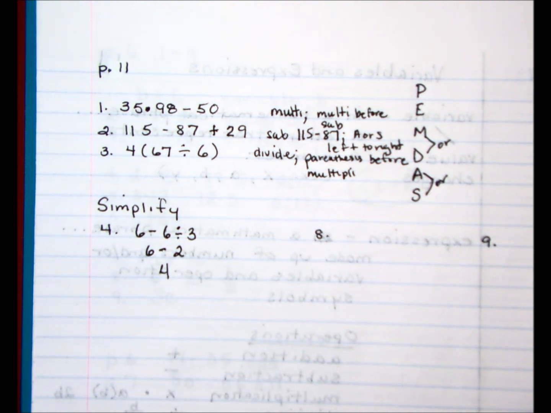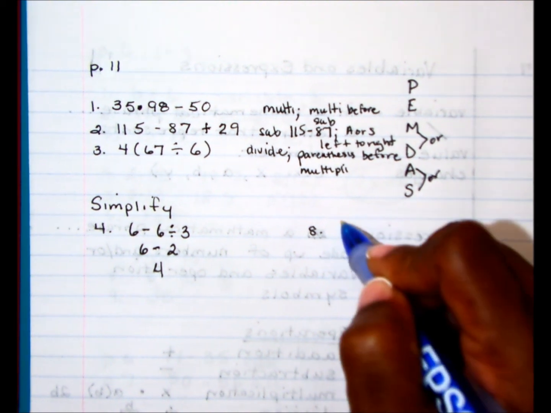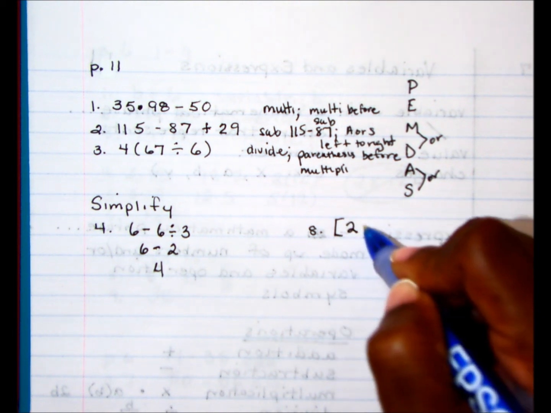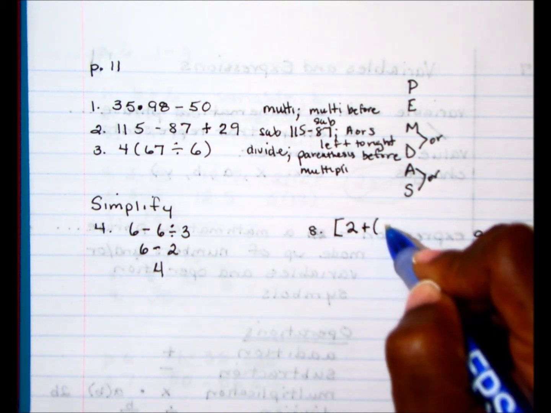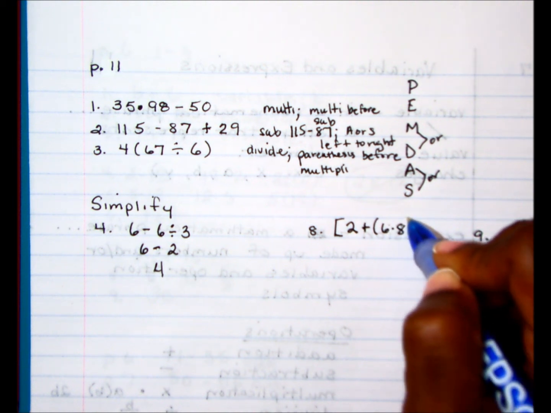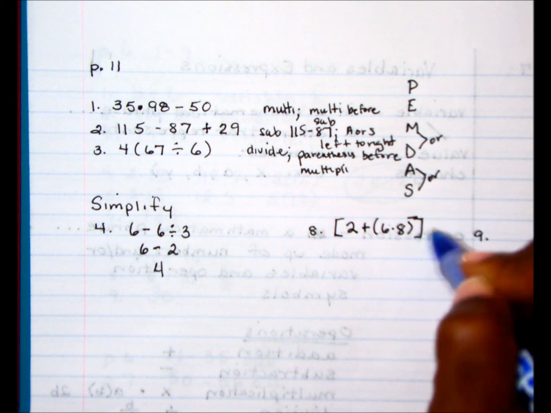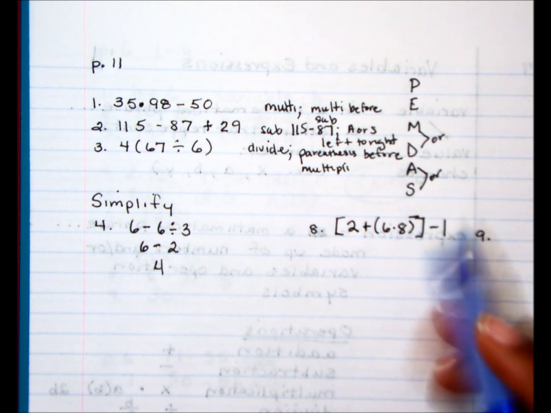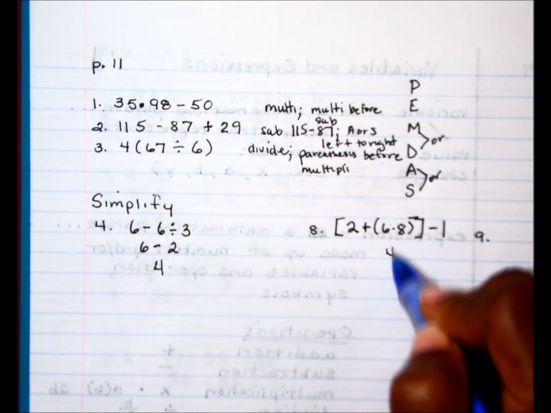Now, problem 8 gives you brackets. And it says 2 plus, in brackets, 6 times 8, another bracket, minus 1. So, following the order of operations, the first thing we're going to need to do is 6 times 8, which is 48.